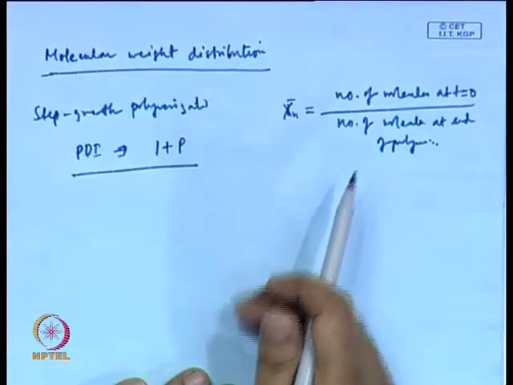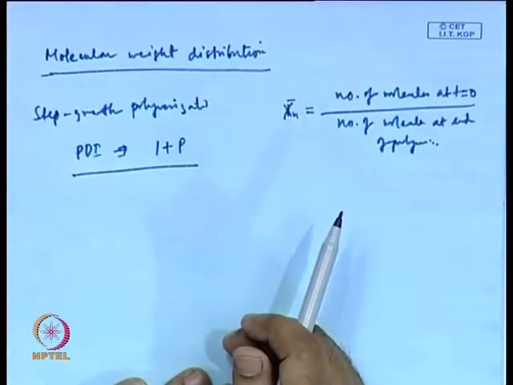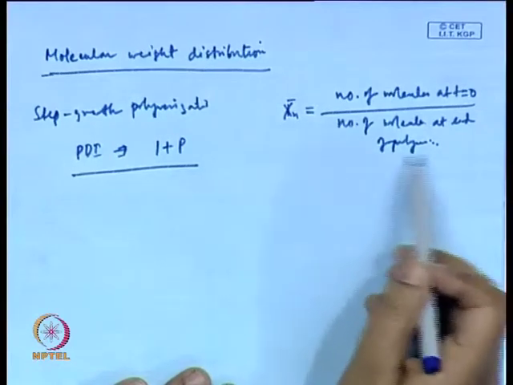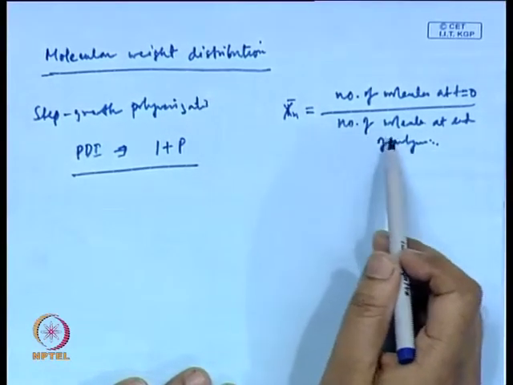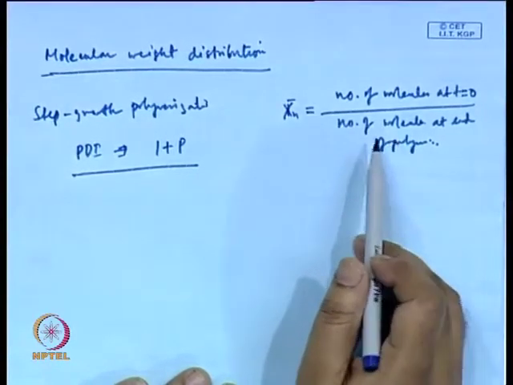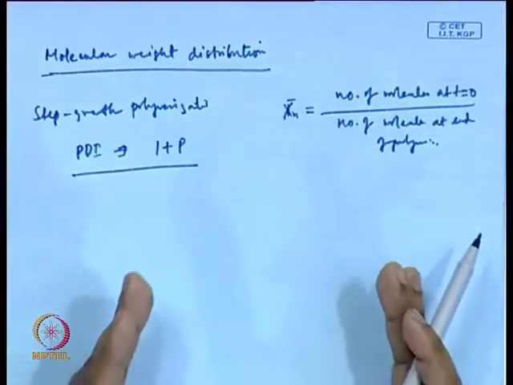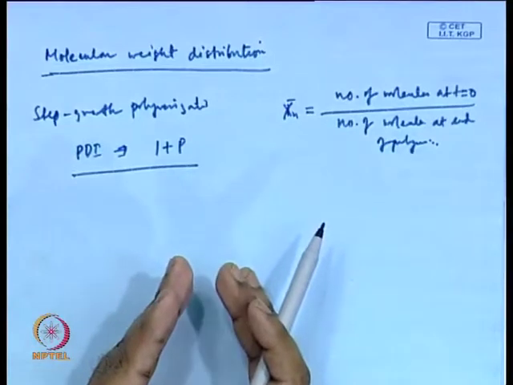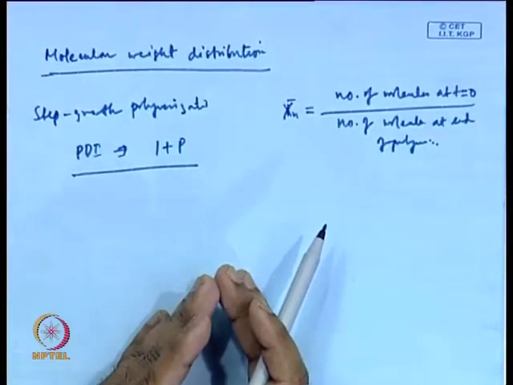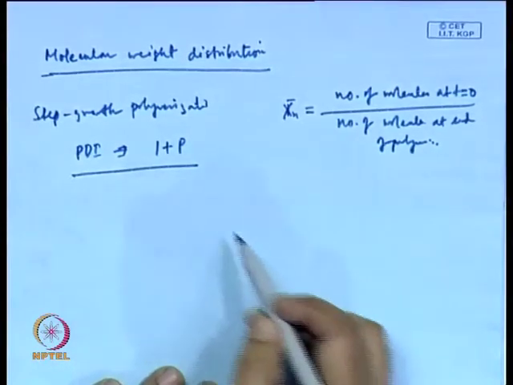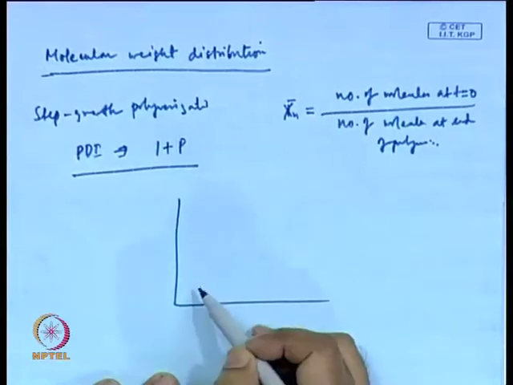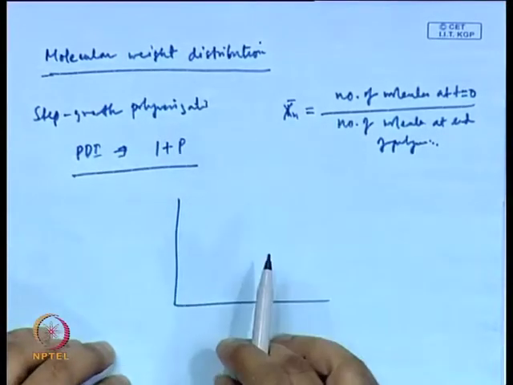So, you are getting the polymer precipitate from your reaction mixture devoid of the small molecules. So, basically you are narrowing your distribution. Okay. So, you are getting a less than 2 value.